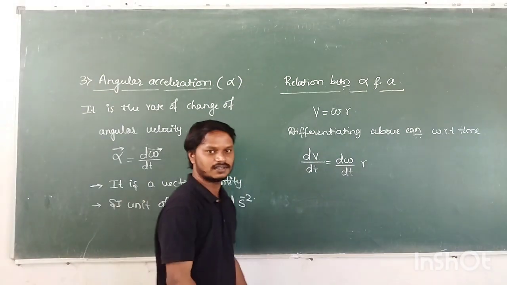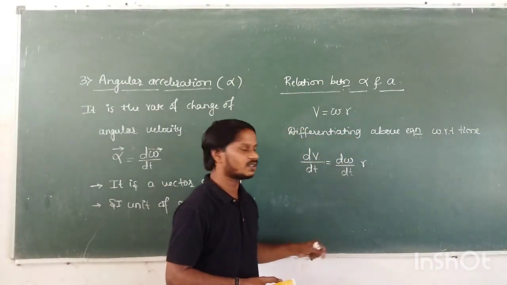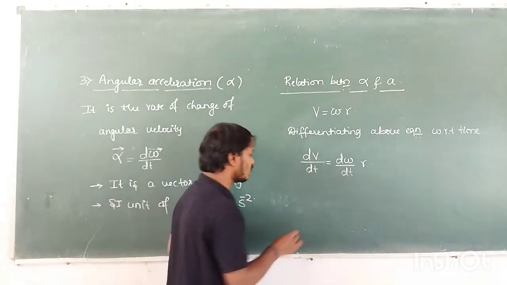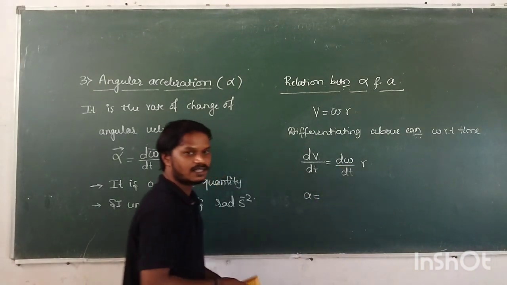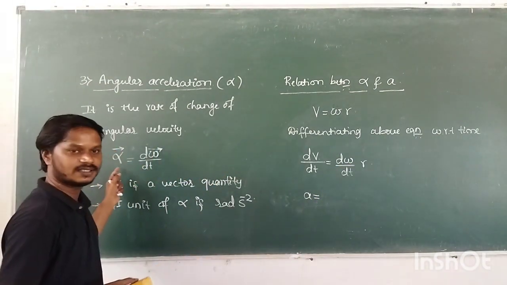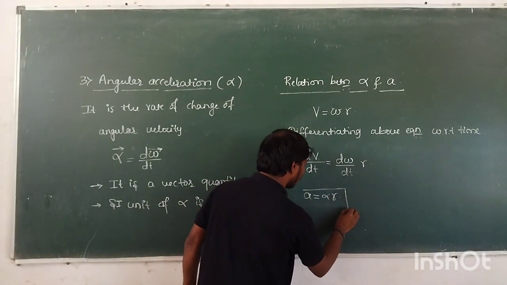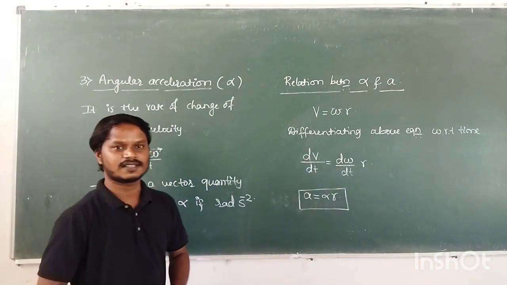The rate of change of linear velocity is called linear acceleration, and the rate of change of angular velocity is called angular acceleration, alpha, so a is equal to alpha into r. Hence it is the relation between linear acceleration and angular acceleration.